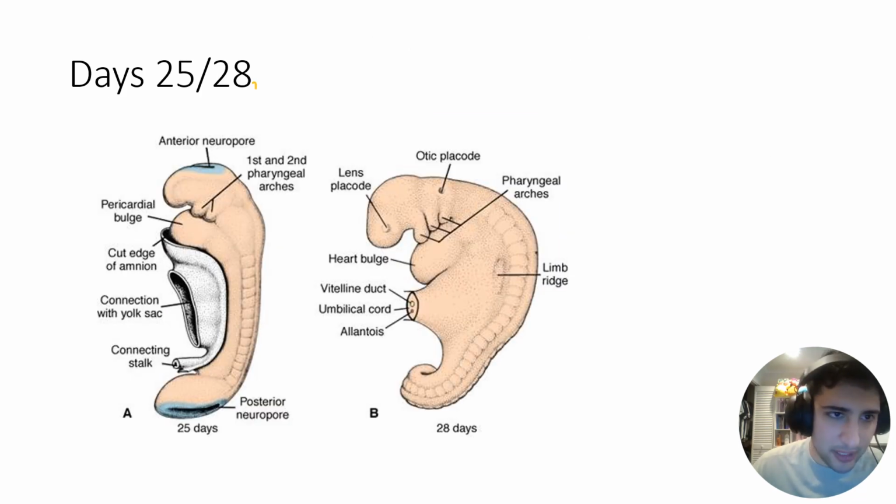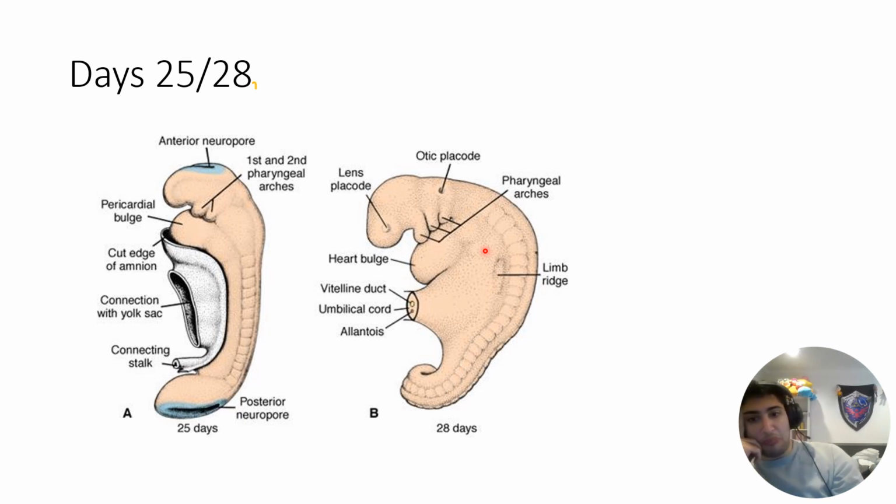So over here we have our anterior neuropore, and here we have our posterior neuropore. By the end of the 4th week, notice that we don't see either neuropore. So keep in mind, a lot of mothers don't know that they're pregnant until they've missed at least one period.